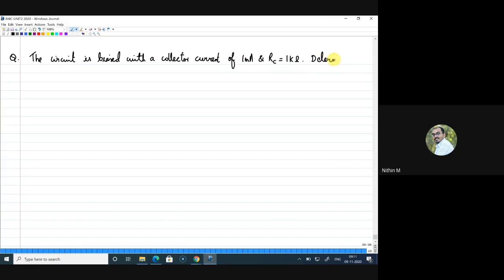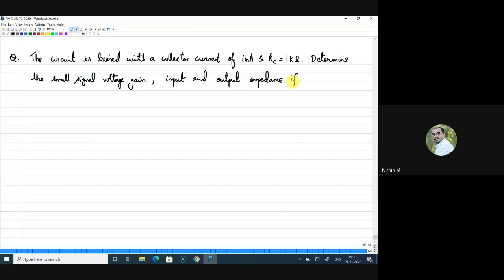The question is to determine the small signal voltage gain, and the small signal input and output impedance, if beta value is given as 100 and VA is given as 10 volts. So this is the question.